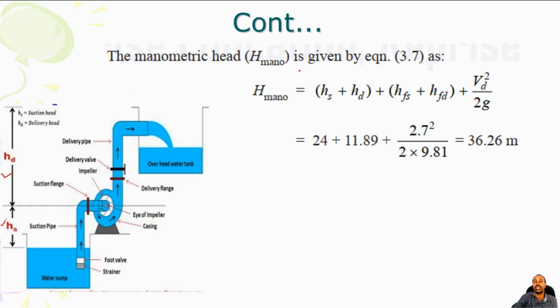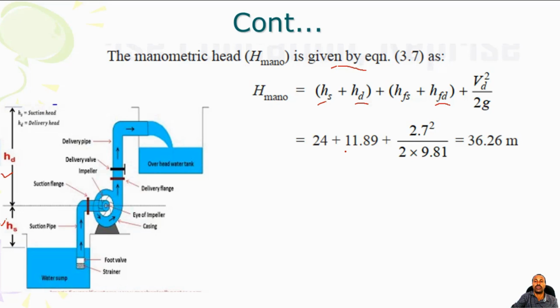So the manometric head is given by this equation. So static, HS plus HD, which is Z2 minus Z1, upper reservoir minus lower reservoir source, plus HFS, loss of head due to suction, loss of head due to delivery, then the velocity head, delivery v square over 2g.